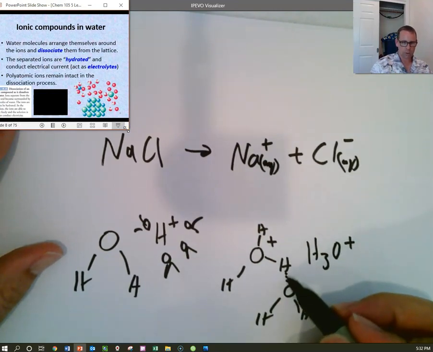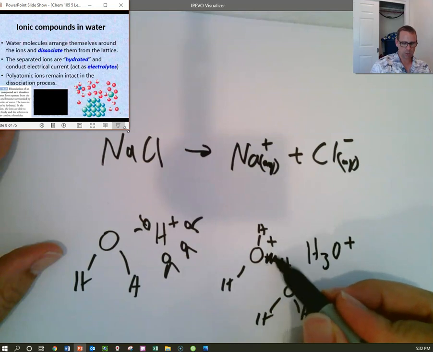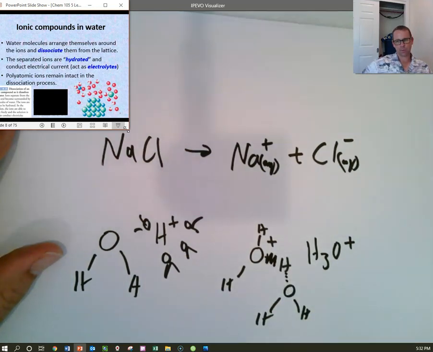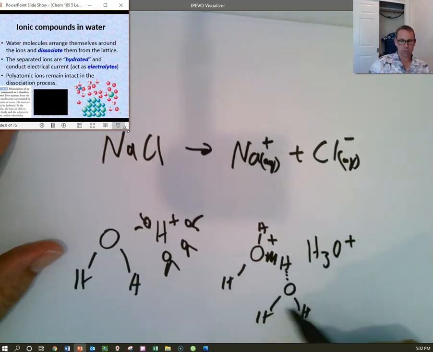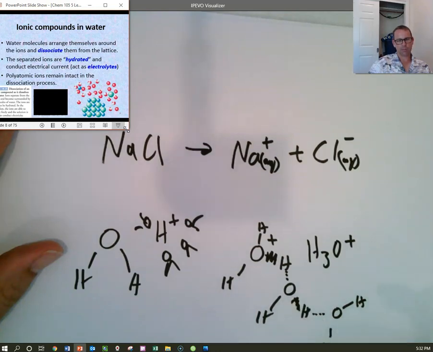So a new bond will form here, and this bond will break. Right? And it happens really fast. And as soon as that H3O+ forms, another water molecule that's nearby will form a bond with that hydrogen, and this one will break.